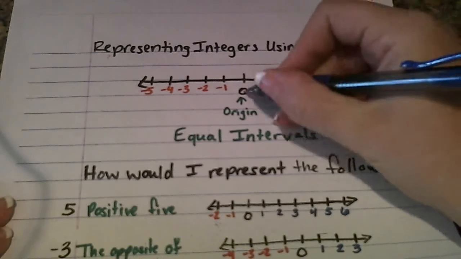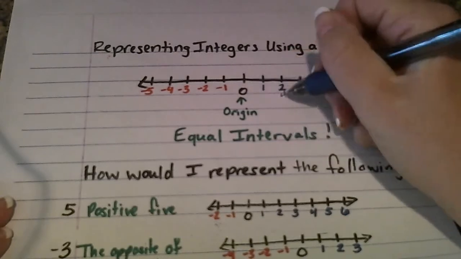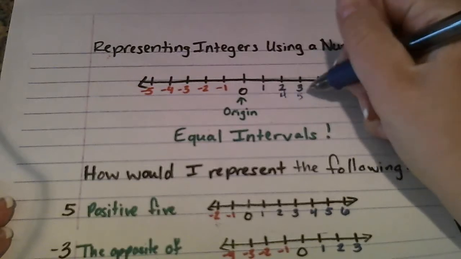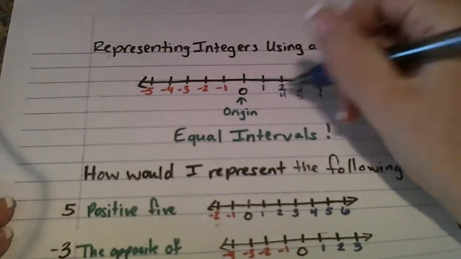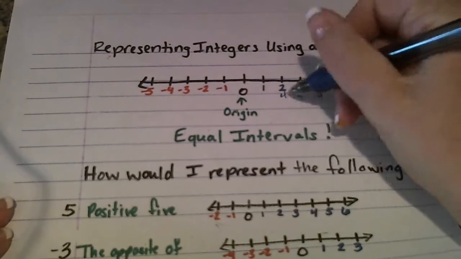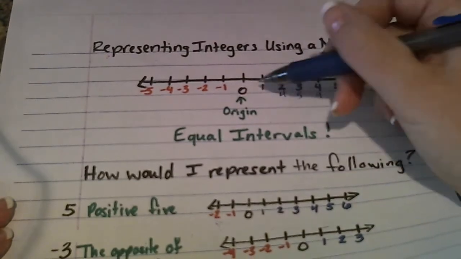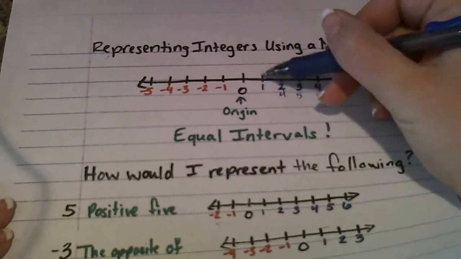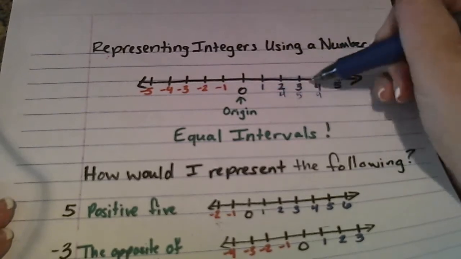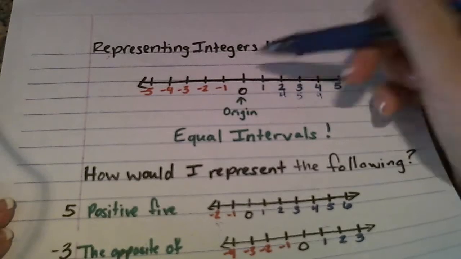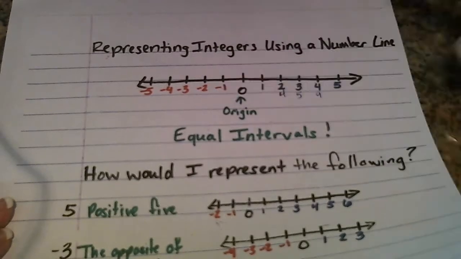So going from 0 to 1 and then jumping all the way up to 4, and then maybe calling the next one 5, and then maybe going to the next one being 9. This is an example of what not to do when trying to make equal intervals. If you're increasing by 1 for the first hash mark and all of your hash marks are equal distance, then it has to either increase by 1 on the right hand side or decrease by 1 on the left hand side as you go.